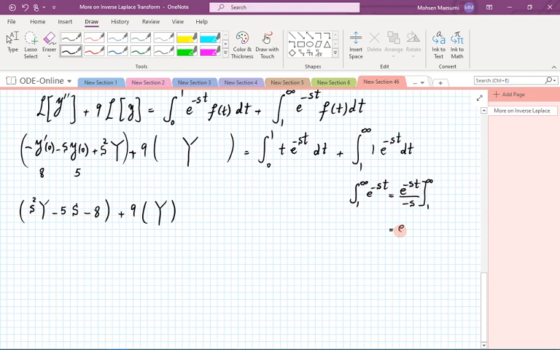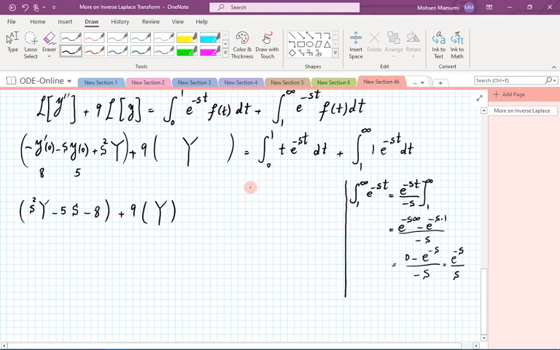So that becomes exponential of minus s times infinity minus exponential of minus s times 1, over minus s. For s positive, this is going to become 0 minus exponential of minus s over minus s, which cleans up as such. So that is for that piece.